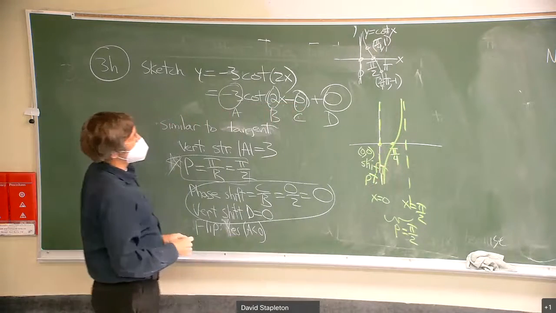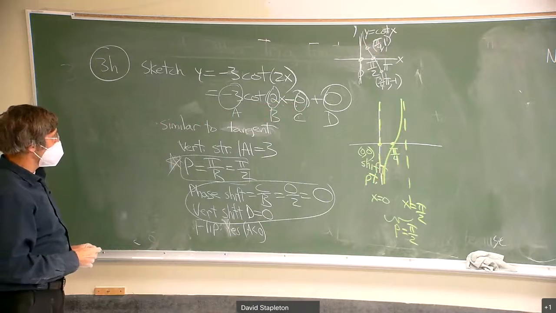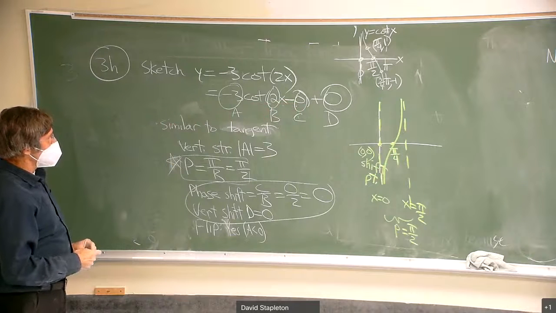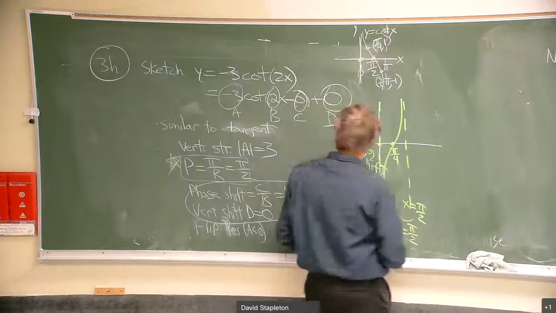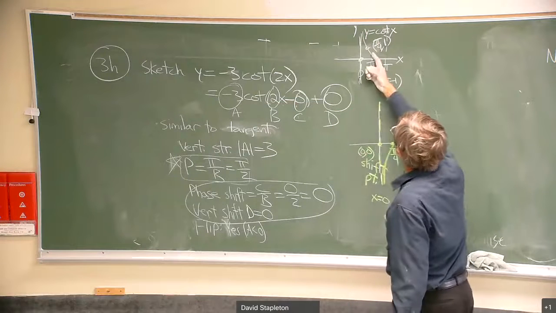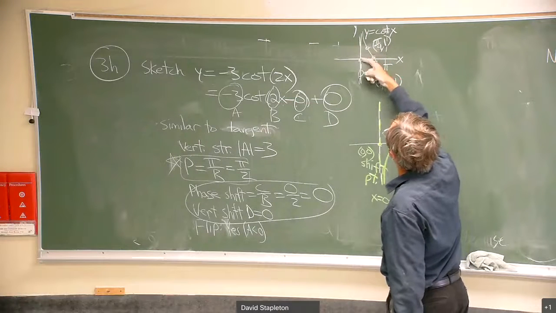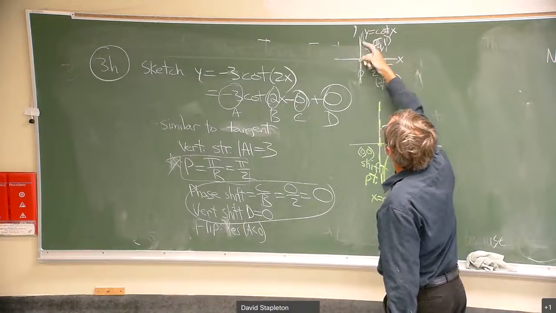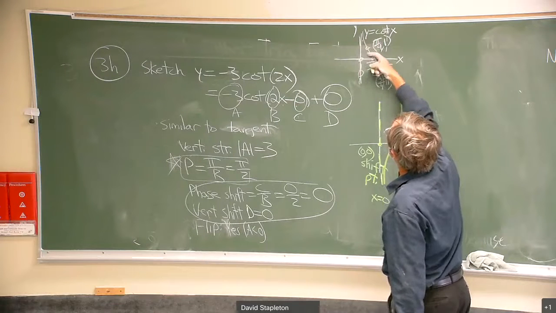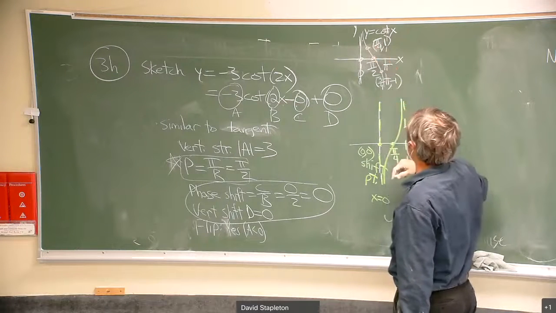And then the last thing to say is how steep should it be? I've got a vertical stretch factor. What should it be? Well, again, on the regular cotangent, when you were halfway between the x-intercept where it crosses the midline and the asymptote, you went up 1 unit. That's the unstretched cotangent.